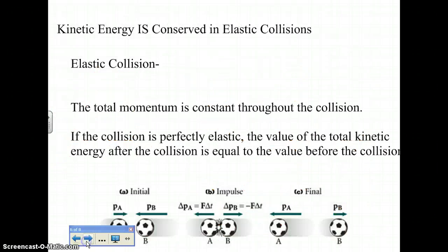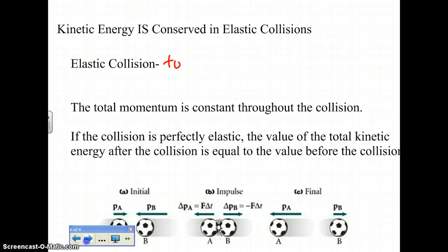Okay, moving right along. Kinetic energy is conserved in elastic. So we've talked about perfectly inelastic, inelastic, and now elastic collisions. An elastic collision is a collision in which the total momentum and KE are conserved.